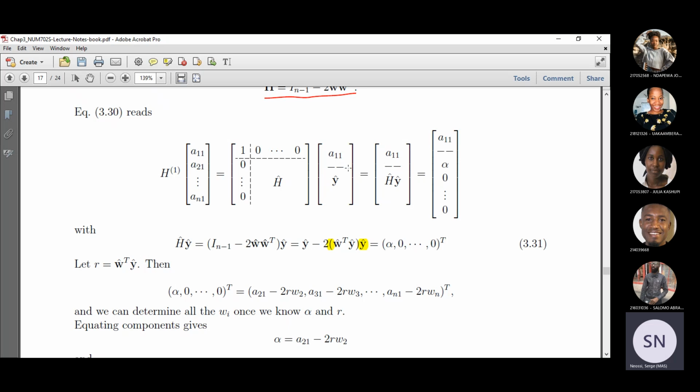If I take this and multiply by that, this will be the result. You can see it. This into that gives us this. Okay, so let's see. We know that this one will give us a vector, right? Remember, we said that we want A11 to be mapped to A11. That is why in the first column, all these other entries should be 0, and in the first row, all these other entries should be 0. Otherwise, you will not get A11 here.